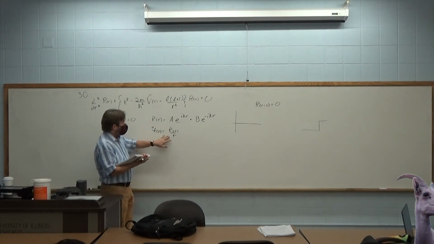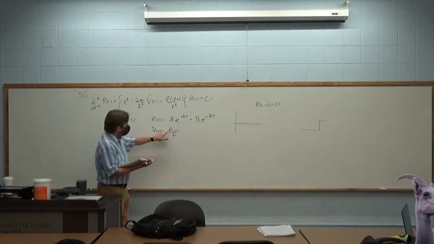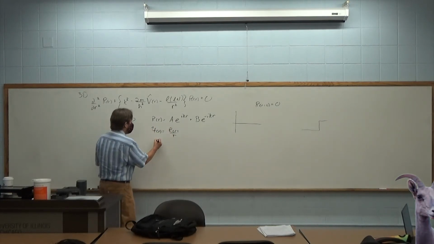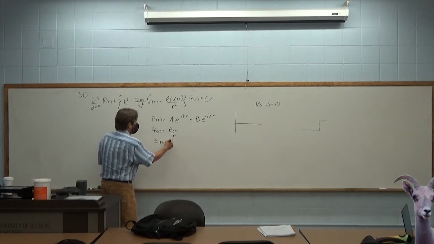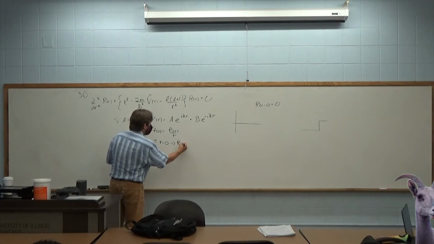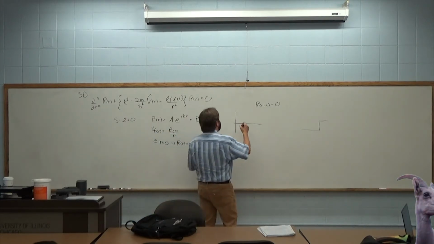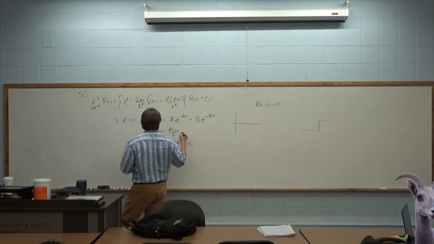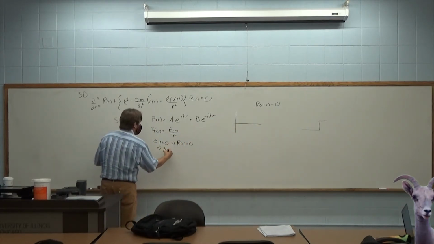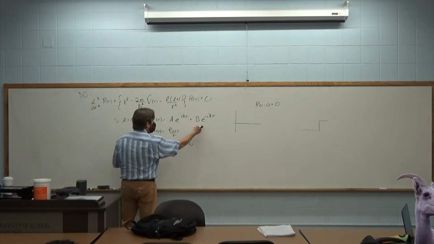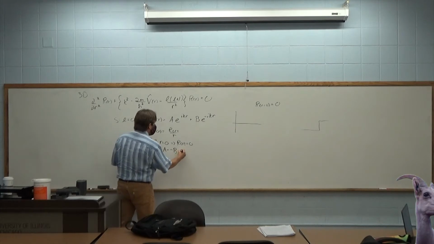The real wave function is this thing over R, and that means that at R equals 0, to avoid infinity, the boundary condition is that R of R better be 0. Therefore, A is equal to minus B.